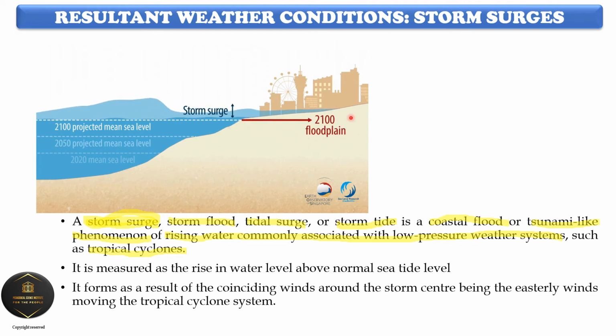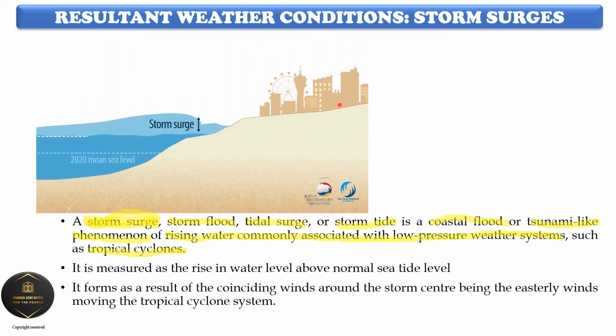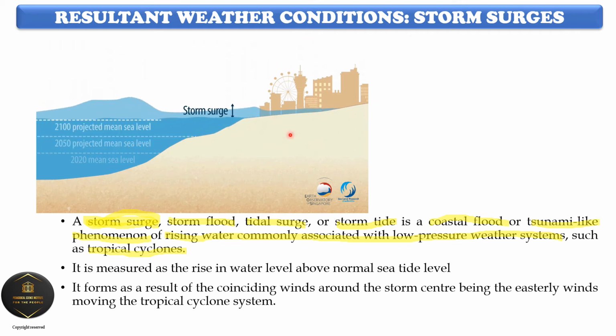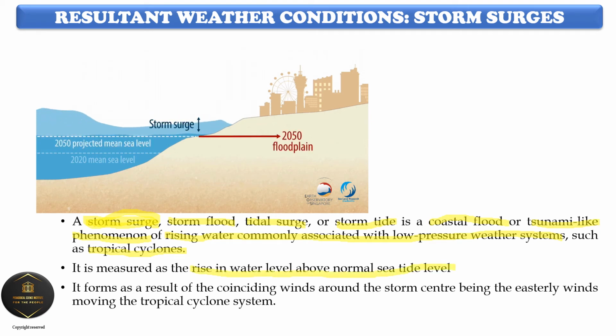Now that's exactly what a storm surge is and what it does. And remember, they happen because of a tropical cyclone raining over the ocean. So as it comes, it increases the water that you'll find in the ocean, therefore leading to coastal flooding. And how is it measured? Remember, we say it is measured as a rise in water level above normal sea tidal level.